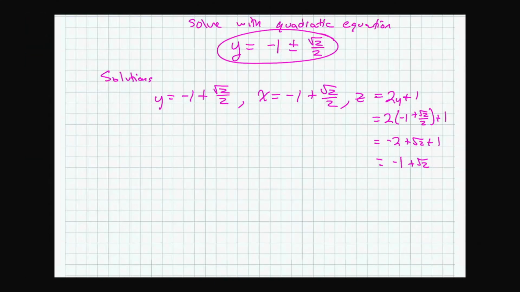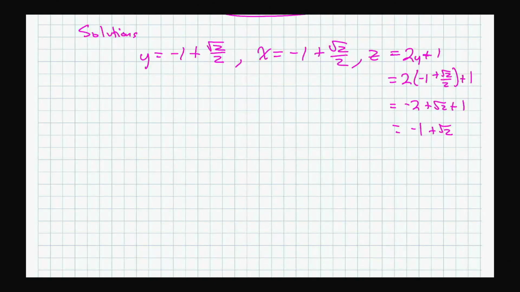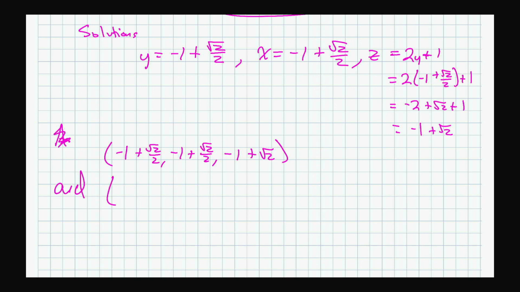Okay, so what do we get here? We actually get x value -1 plus root 2 over 2, y value the same, -1 plus root 2 over 2, and then -1 plus root 2. Now the other solution, so it's two of them, and the other one was with the minus, right?